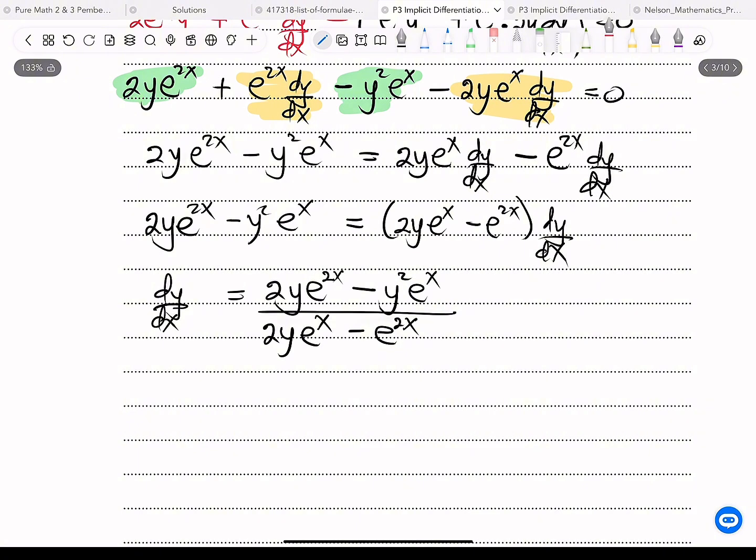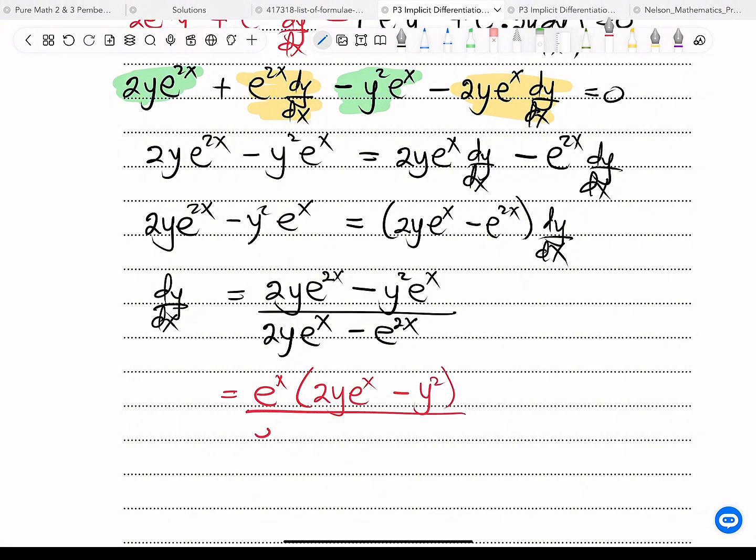All right, so we factor e to the power x here. That leaves us with 2y e to the power x. This is the case because if you try and multiply, you get 2y, then you add the power. So you have x plus x, that'll be 2x, okay? So be careful with your factorization, and this will become y squared.